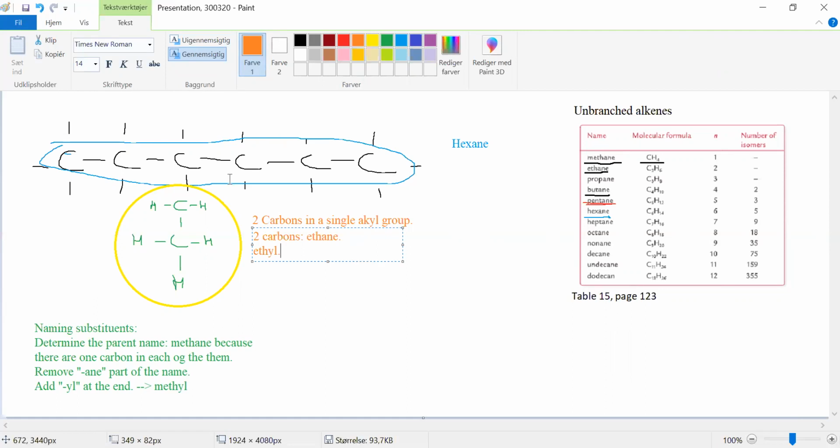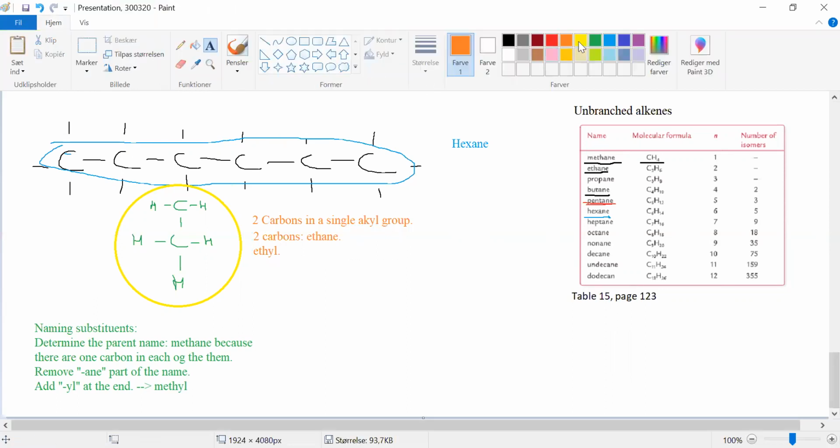And then if we were to name this molecule completely, we can start counting from the left. So carbon 1, carbon 2, carbon 3, carbon 4, carbon 5, carbon 6. So right now we have put the ethyl group on carbon 3. If we count it from the other direction, so this one is carbon 1, 2, 3, 4, it will be a 4-ethyl.